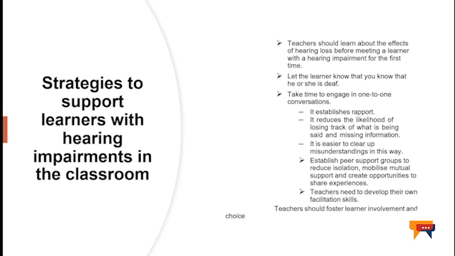Take time to engage in one-to-one conversation. And by so doing, you will be establishing a rapport and reducing the likelihood of losing track of what is being said and missing information. And it is easier to clear up misunderstandings in this way.